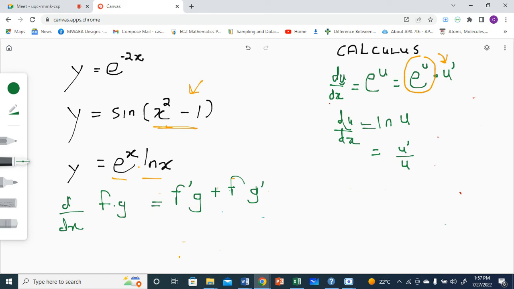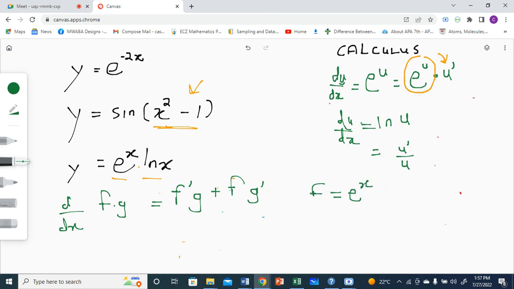All right. What's happening here is you derive one function, you leave the other one. In the second case, you leave one function and derive the other one. So here you derive f, you leave g. Then you're going to leave f and derive g. All right. So you're going to choose what is my f and what is my g. So you say, okay, my f is going to be e to the power x.